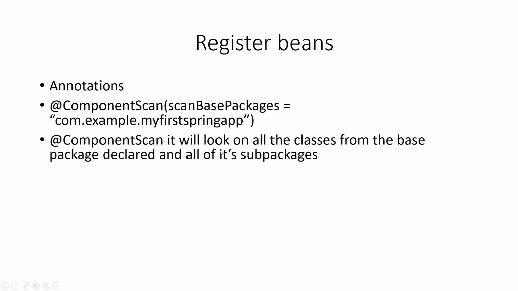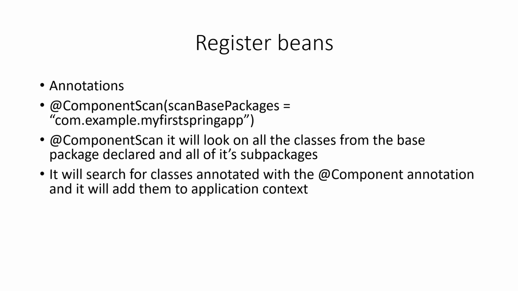ComponentScan will look at all the classes from the base package where it's declared and all of its sub packages, and it will look for all the classes that have the Component annotation. If a specific class has a Component annotation, it will add that class into the application context.